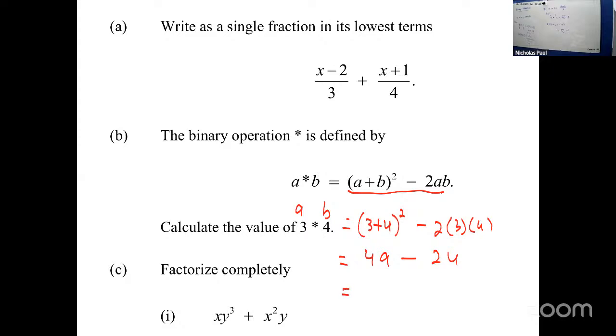And then 49 minus 24 is 25. Everybody clear?